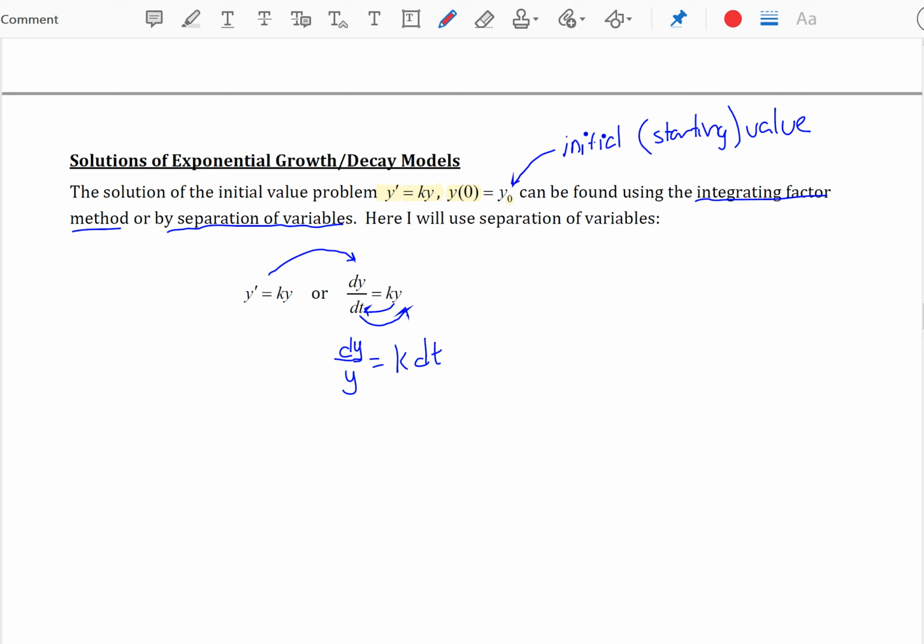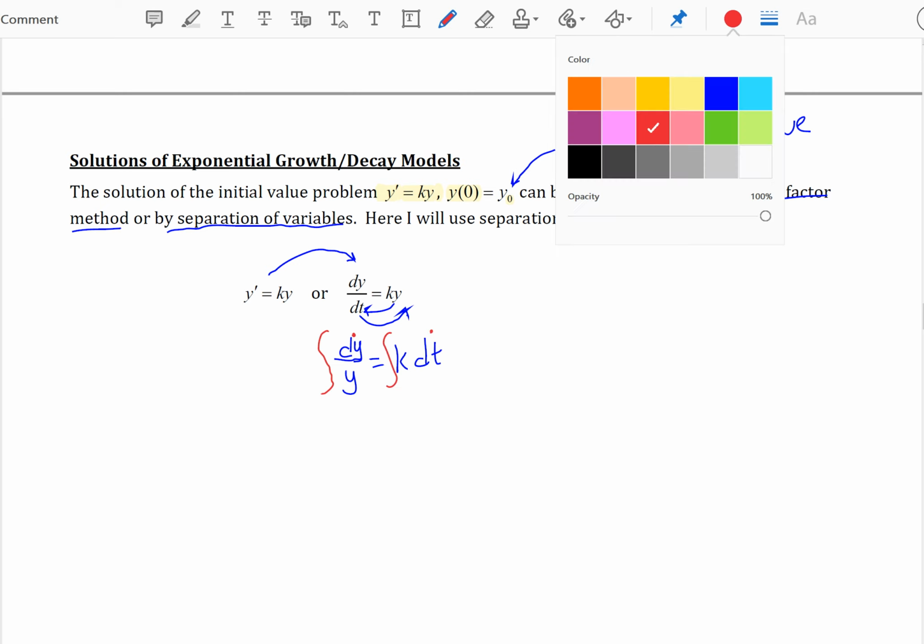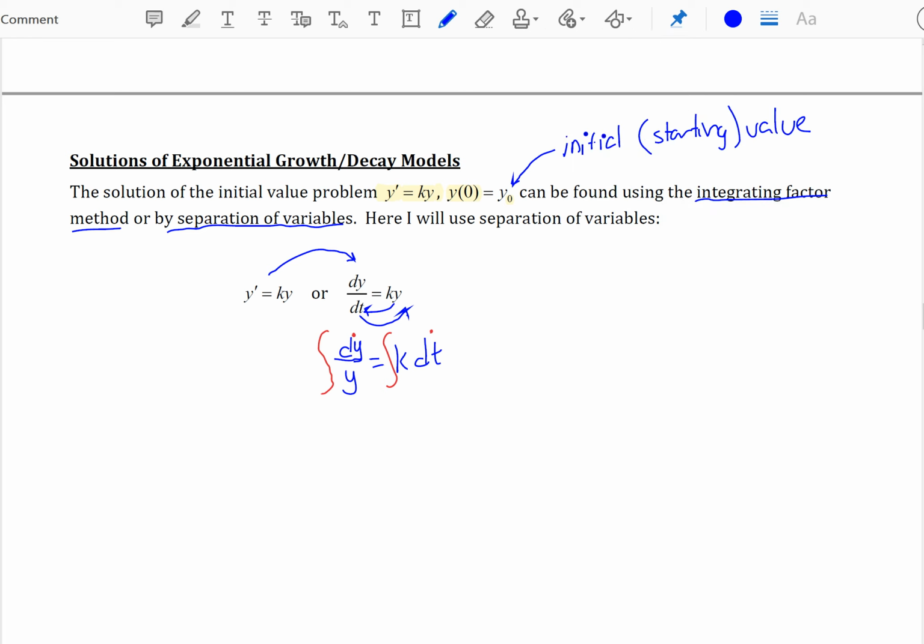Now that we've separated our variables, I would like to integrate the left side with respect to y and integrate the right side with respect to t. Recall on the left side, the antiderivative of dy over y is going to be the natural log of the absolute value of y.